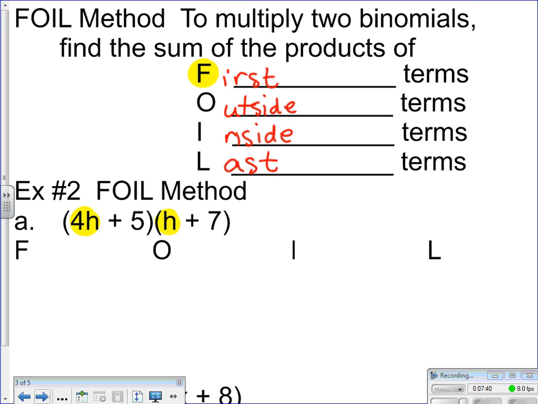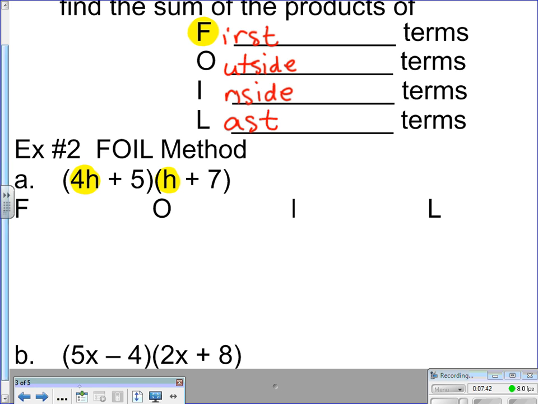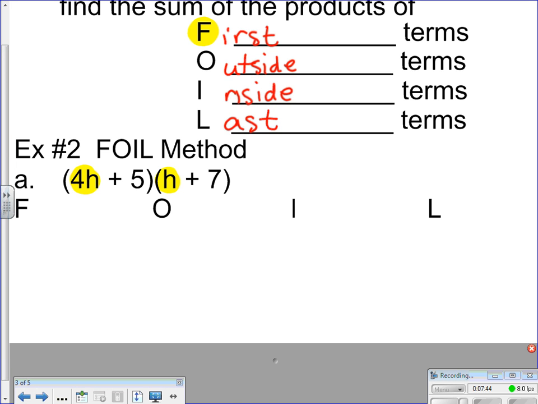So the first term is 4h and h. So under the F, I'm going to multiply a 4h and an h. I'm writing this down to help explain it to you. Now to multiply that together, it's just going to be 4h squared. Now the outside.